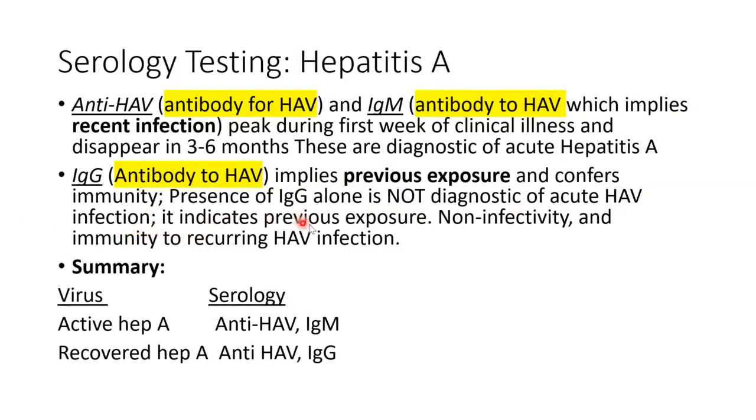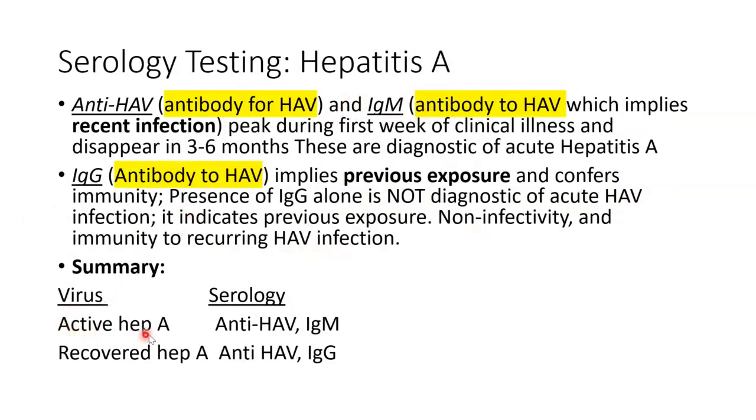It indicates previous exposure, non-infectivity, and immunity to a recurring infection. Those are the important things to know: recent, previous exposure, not diagnostic of acute hepatitis, while IgM is very diagnostic of acute hepatitis.